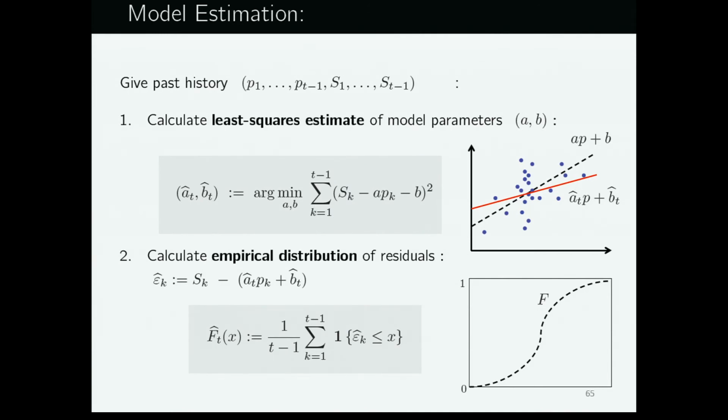So what we do is we take the residuals associated with this linear fit. We calculate the empirical distribution associated with those residuals, and we use that to construct our approximate quantile function, which, if you recall, our energy bid depended on. Okay, this is the basic approach to model estimation that we're going to use.